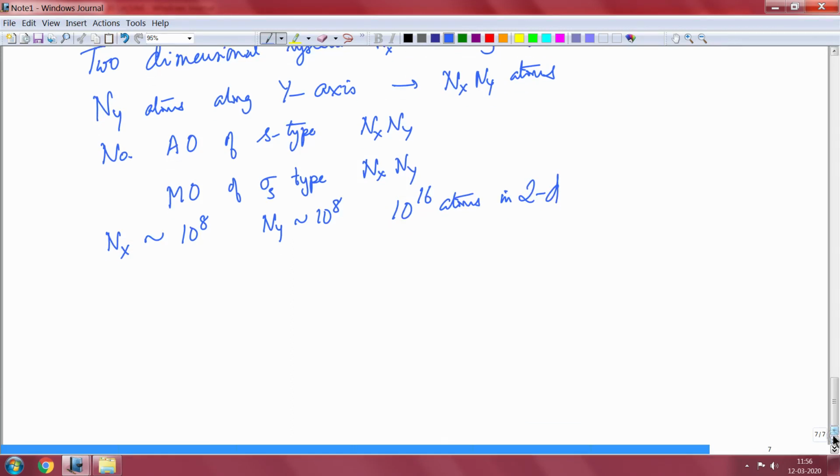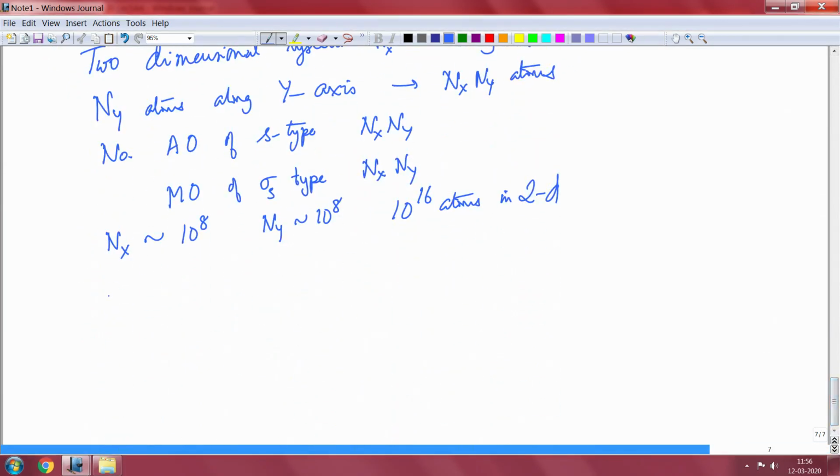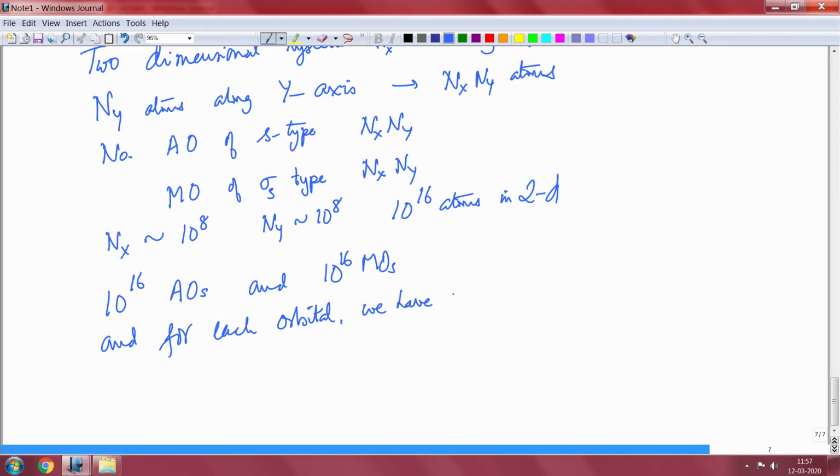So if you have 10 to the power 16 atoms, then we have 10 to the power 16 AVOs and 10 to the power 16 MVOs, and for each orbital we have 10 to the power 16 k states: 10 to the power 8 k states along x and 10 to the power 8 k states along y.